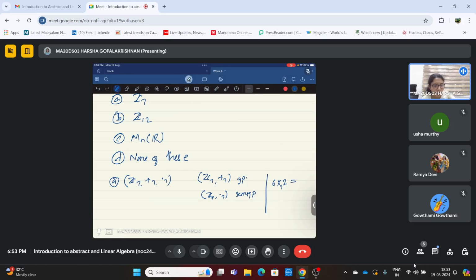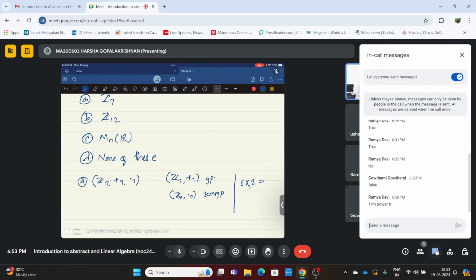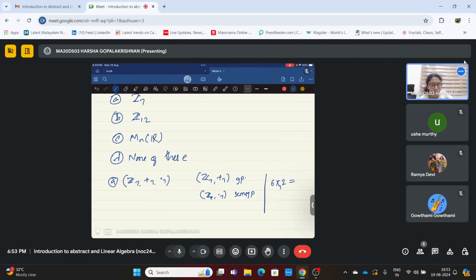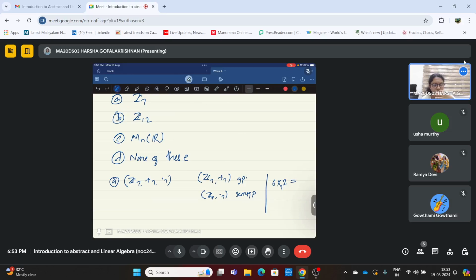What is 6 into 2? Very good, 5. It's just like addition modulo 7. We multiply the elements, it is 12, then we take mod 7, meaning the remainder when dividing by 7. So this is 5. In this way closure property is satisfied.